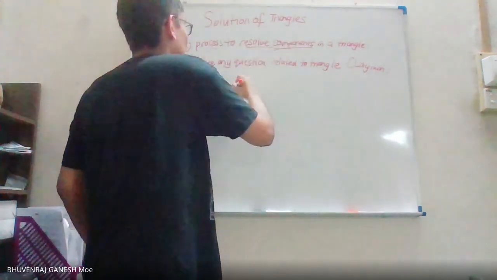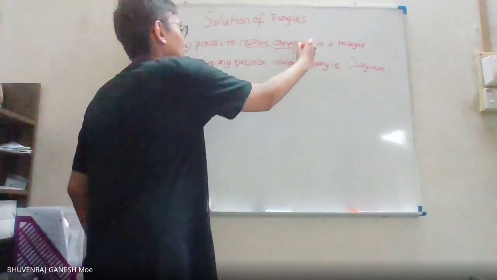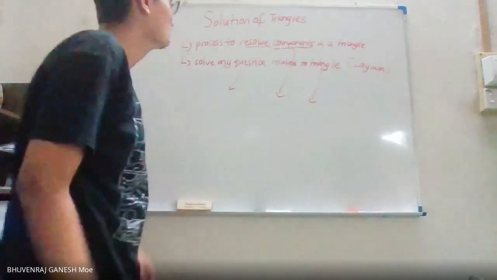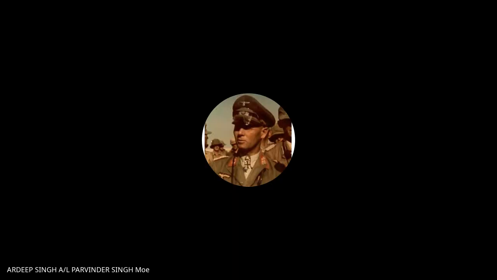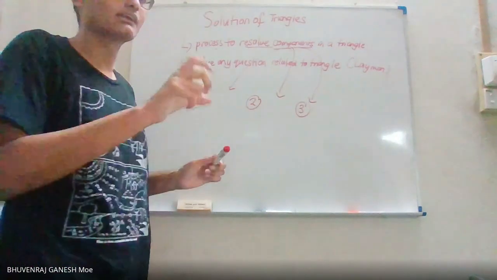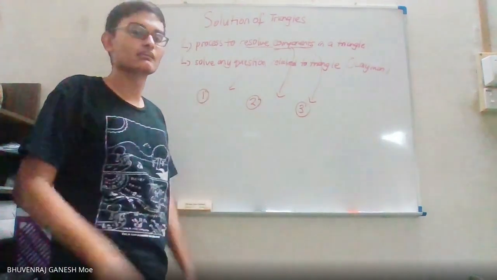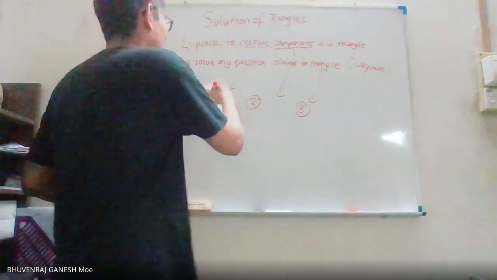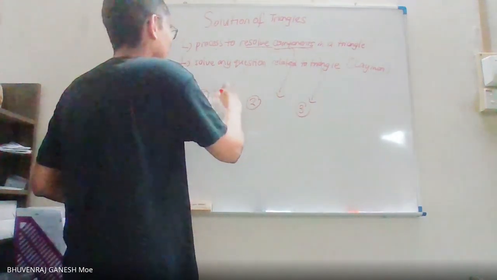So what are the components of a triangle? There are actually three things in this chapter. The name of the elements in a triangle. The first one is angles, just general angles.